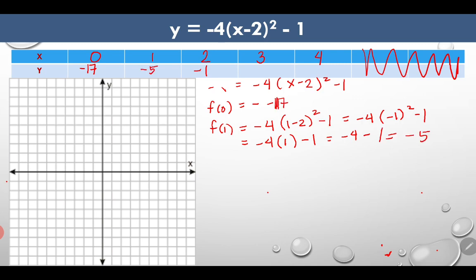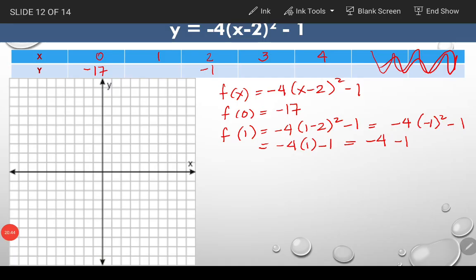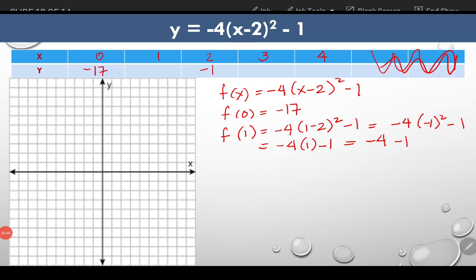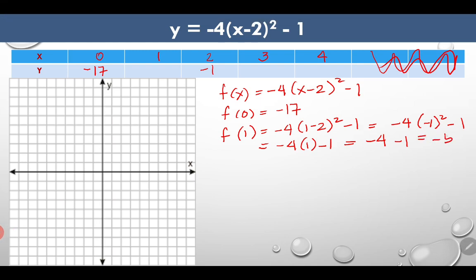Okay. Now, what if... So, negative 4 minus 1 is equal to negative 5. Lagyan natin dito sa table negative 5. F of 3, again, we just change the x with 3.